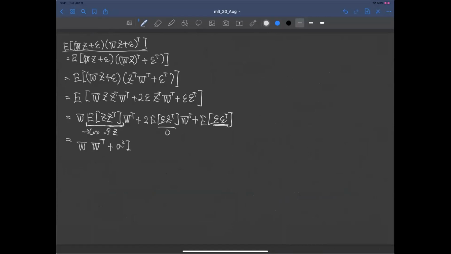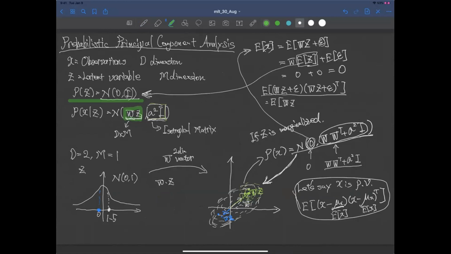This is 0. So as a result, we just calculated the covariance matrix of X, and the mean equals 0.